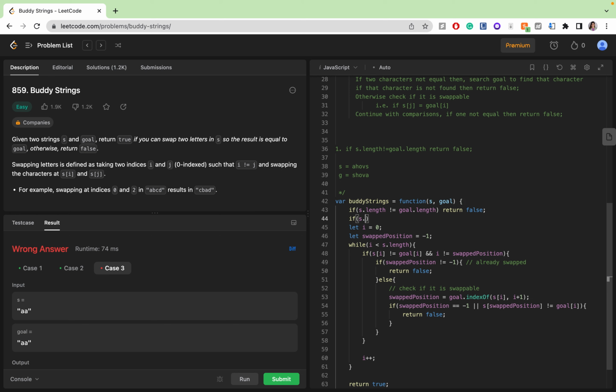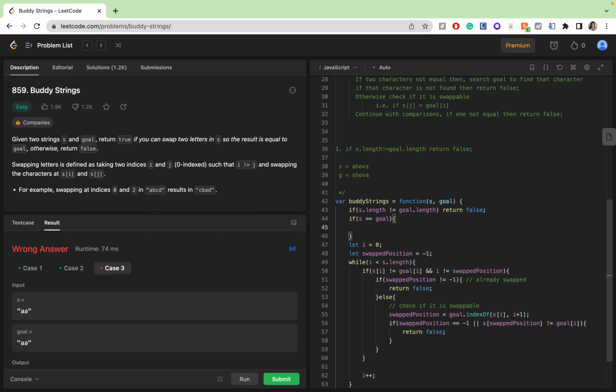Like if s is equal to goal, then if it has duplicate characters, then I could return true.